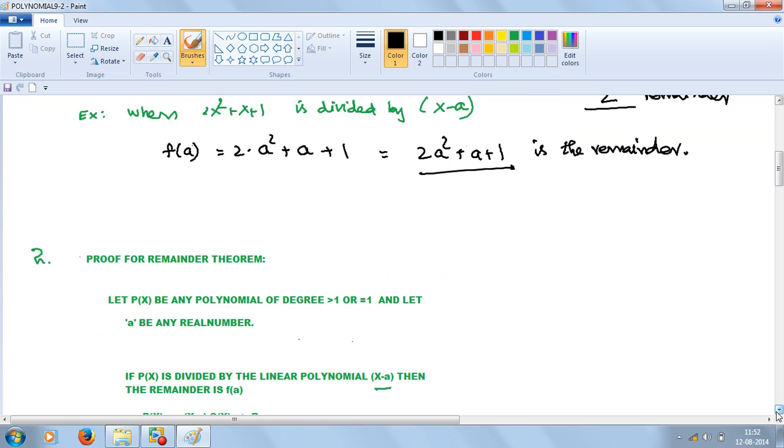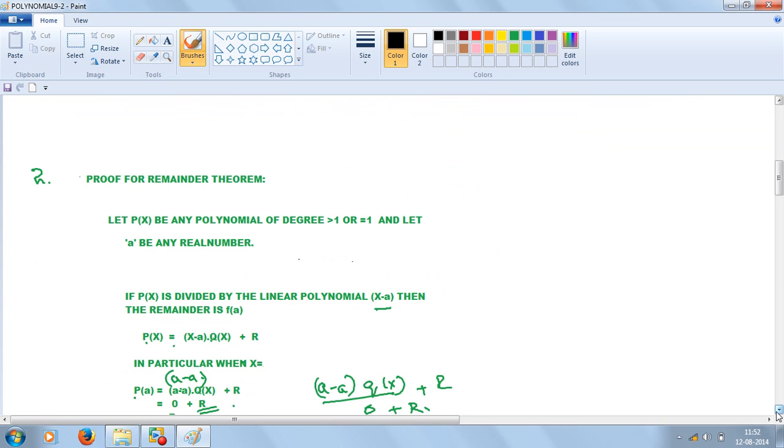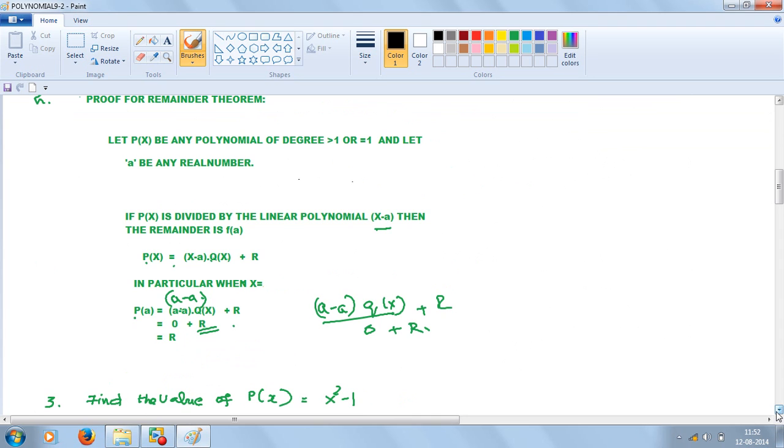Next we will see the proof for the remainder theorem. Let p of x be any polynomial of degree greater than or equal to 1, and let a be any real number.